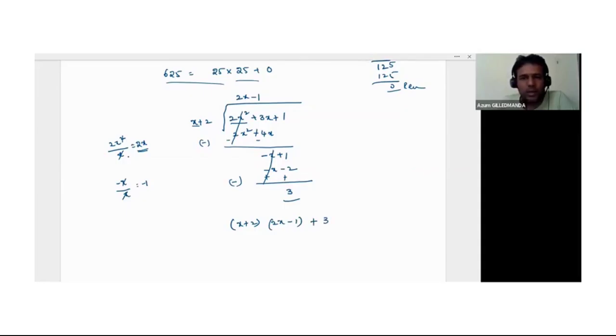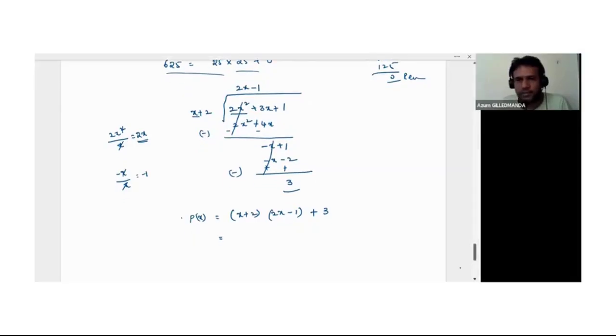That's what our dividend, right? So our dividend is P of x. Our P of x can be obtained by multiplying the divisor into quotient plus remainder. So let's see if we get the same value or not. If we get the same value, then it proves that our division is correct.